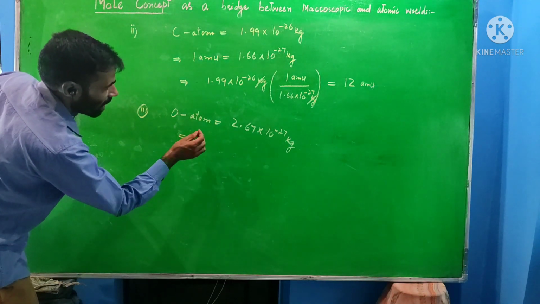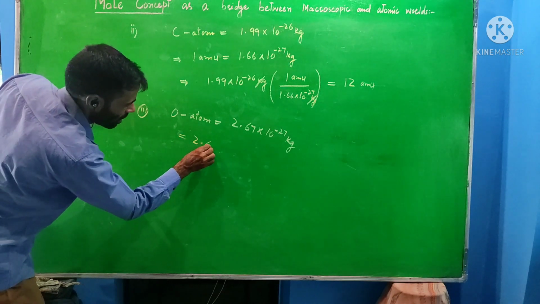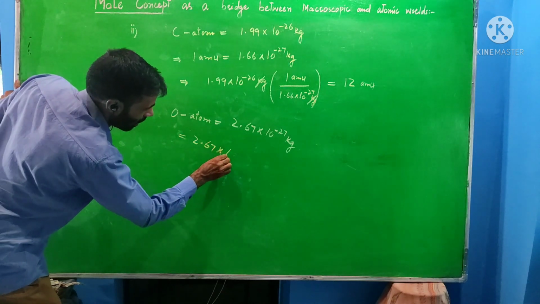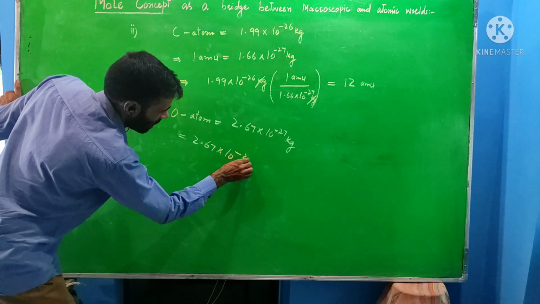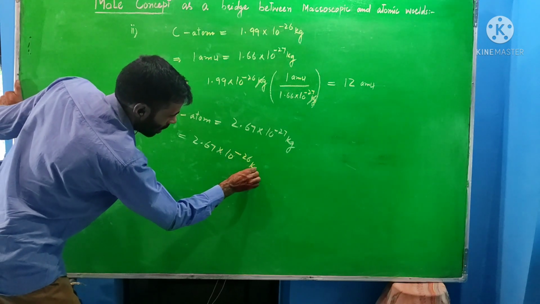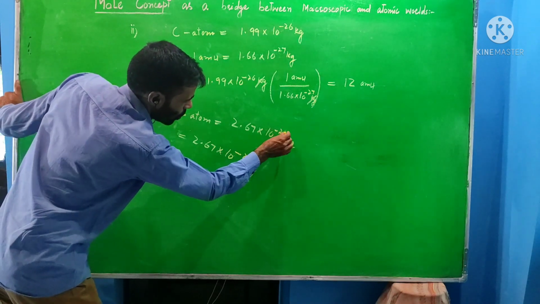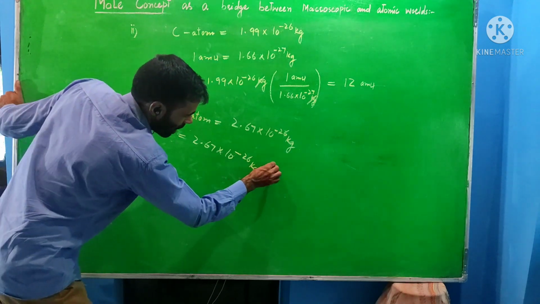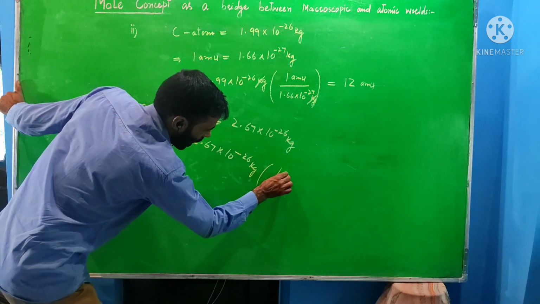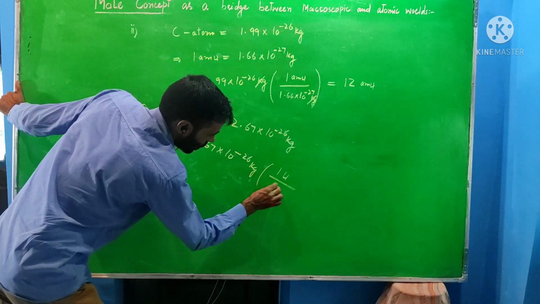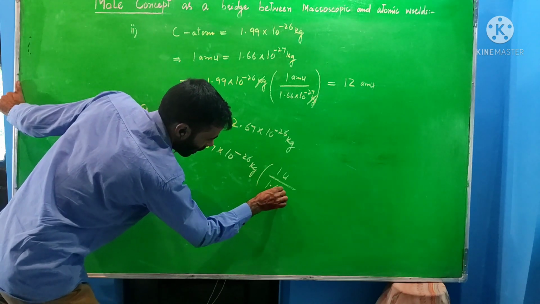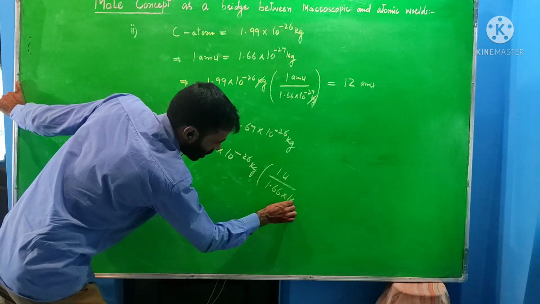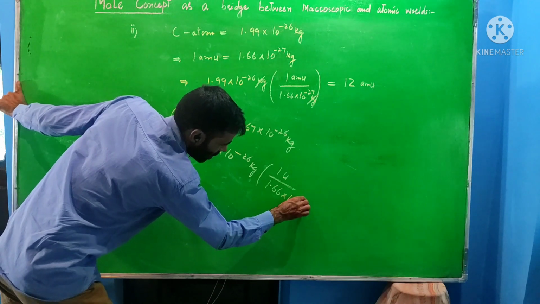Proceeding in the same way, 2.67 into 10 raised to power minus 26 kg, multiplied by 1 U divided by 1.66 into 10 raised to power minus 27 kg.